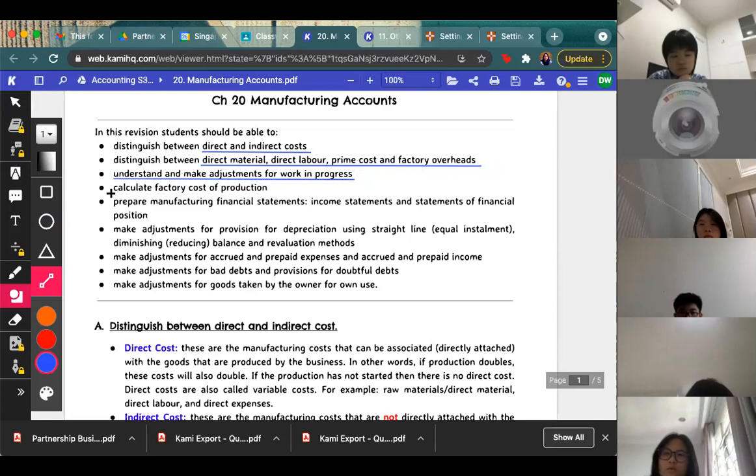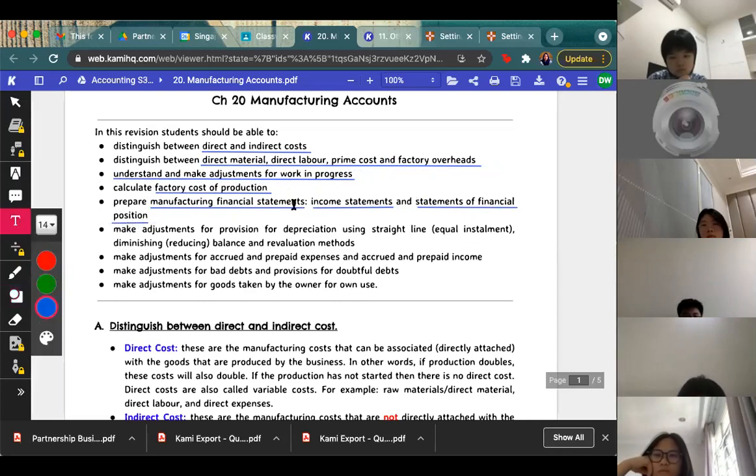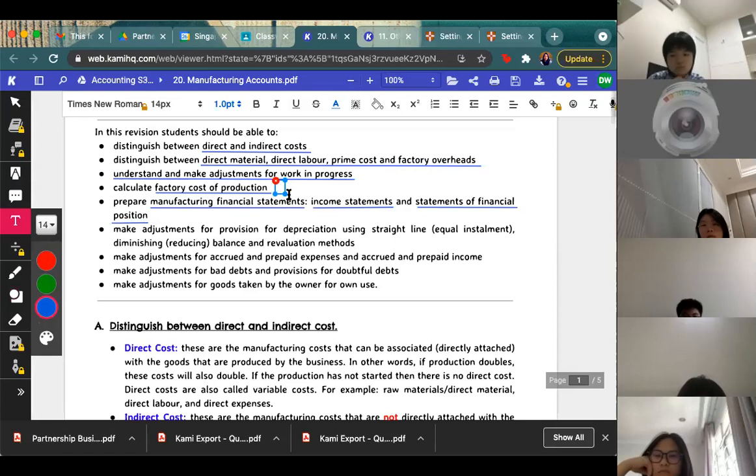And you must be able to calculate factory cost of production by preparing manufacturing accounts, plus income statements and statement of financial position. So to calculate cost of production, we will prepare manufacturing accounts.